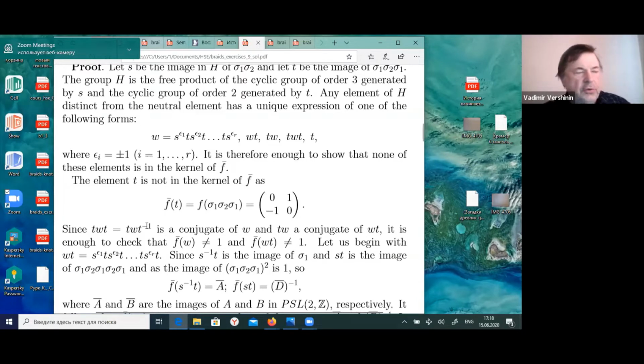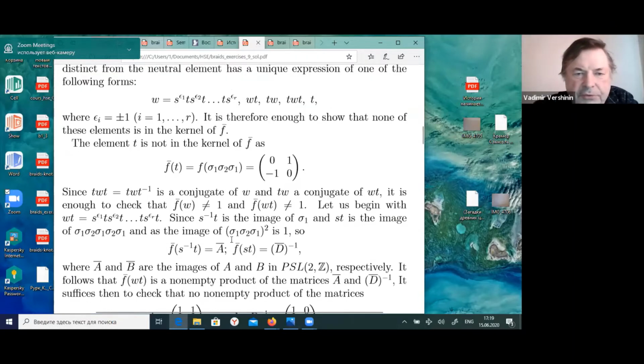As T is of order 2, then we can write it this way, because T minus 1 is equal to T. So this element is conjugate to W. And the same way, TW is conjugate to WT. So it is necessary to check that F bar of W and F bar of WT are not 1.